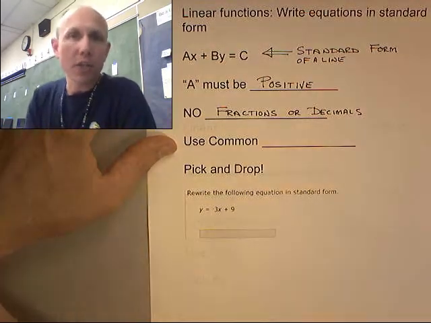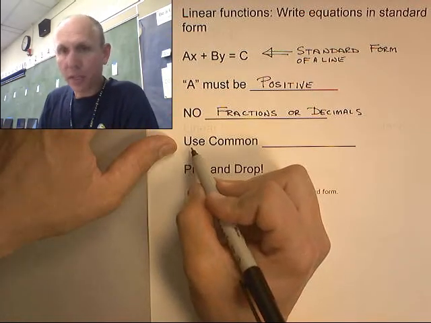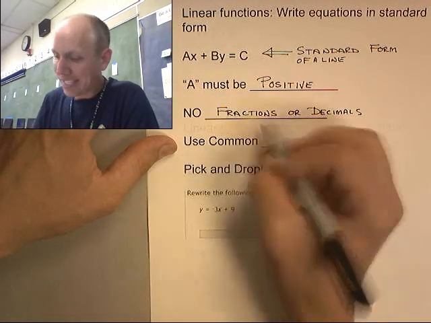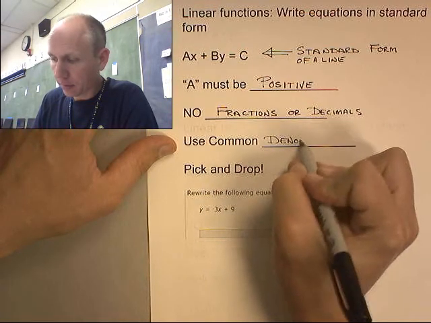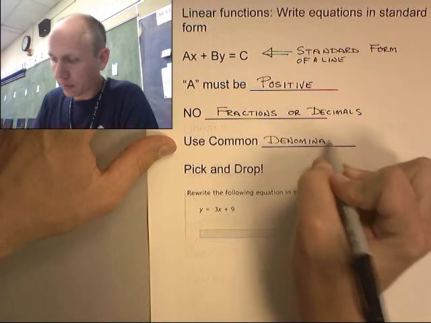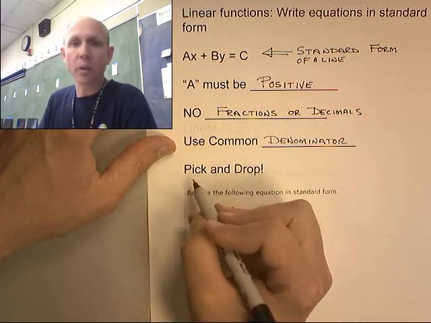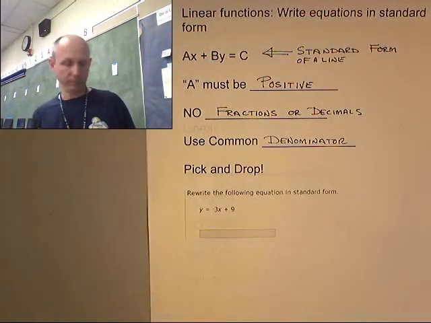To get rid of my fractions, it's going to be all about using the common denominator. And then we're going to be doing a bunch of pick and dropping on this.